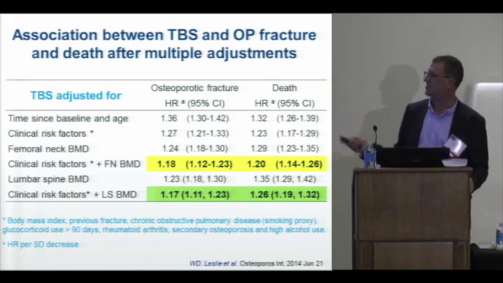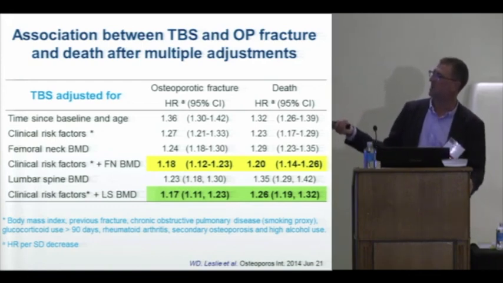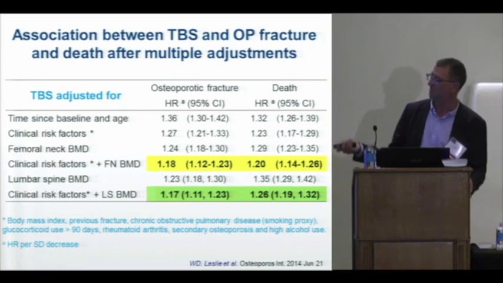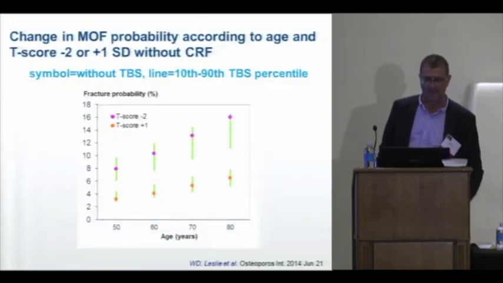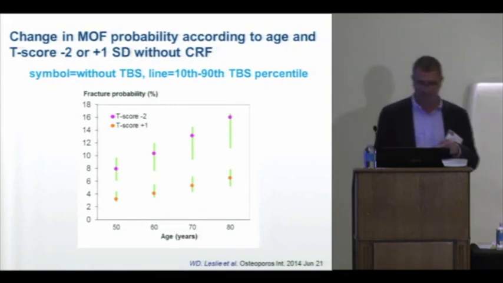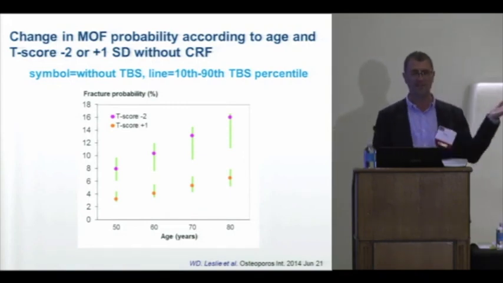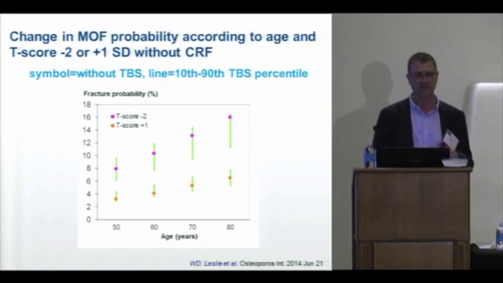I just paired that one, but I'm showing you that the TBS adjusted for clinical factors plus femoral neck BMD plus lumbar spine BMD remained significant. Having said that, it came out, and it was published just in June in Osteoporosis International.